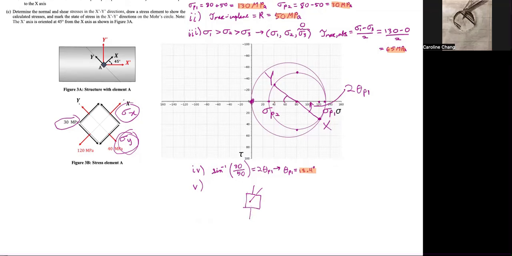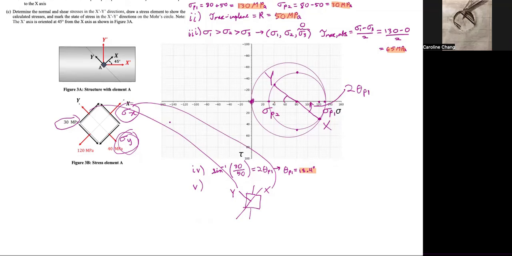Where this one is our original x, and this is, wait, oops, this is our y. And we just got these from this diagram.